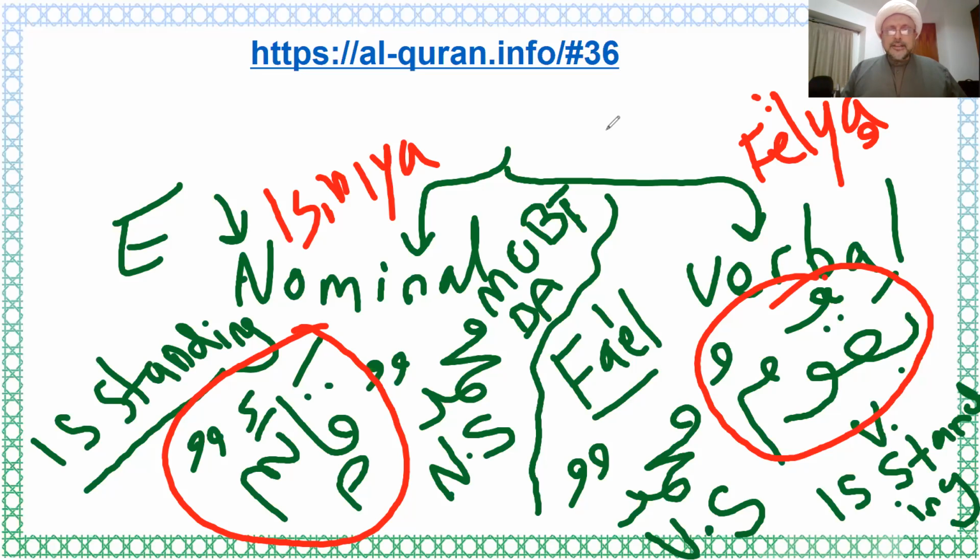Muhammadun will be the verbal subject because there's a verb. If a sentence starts with a verb, it is called jumla fi'liya, and the verbal subject is Muhammad. And jumla ismiya starts with a subject, which is a nominal subject, like in any other language.